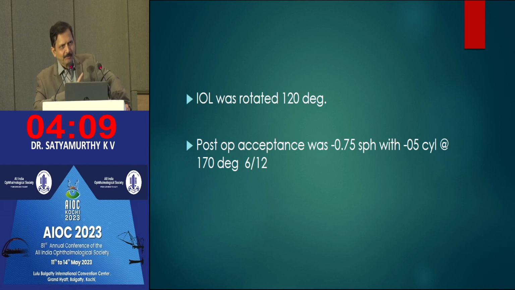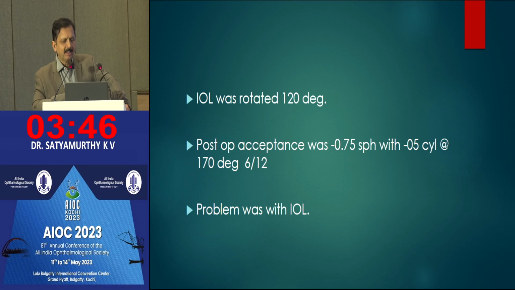After rotating the lens by about 120 degrees, the patient started accepting, because the pre-rotation astigmatism was 3.5 diopters at 30 degrees. After rotating to 120 degrees, the patient was happy with 0.5 cylinder, and was able to read up to 6/12 because of amblyopia. Since all other factors were all right, it was probably a faulty lens.